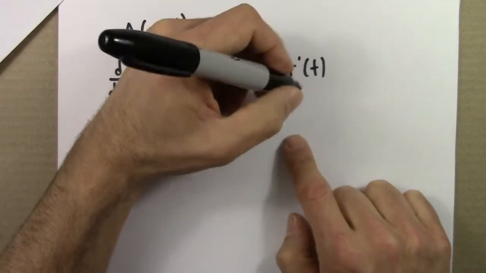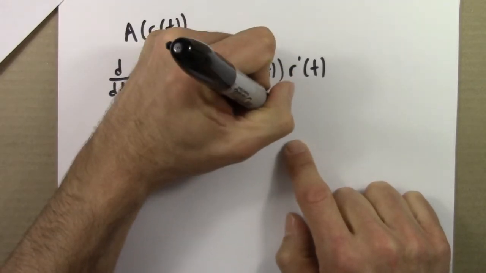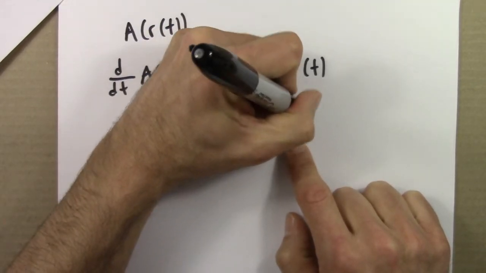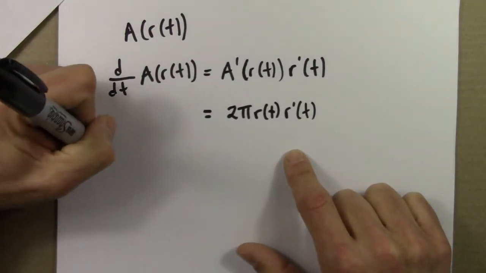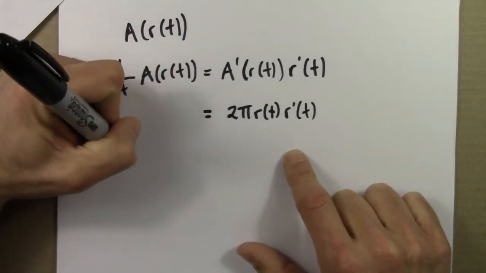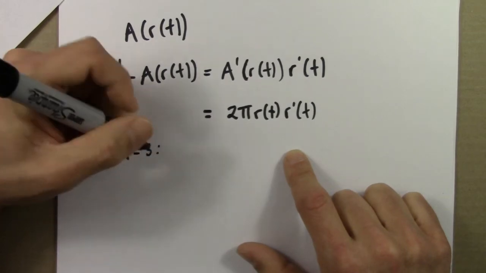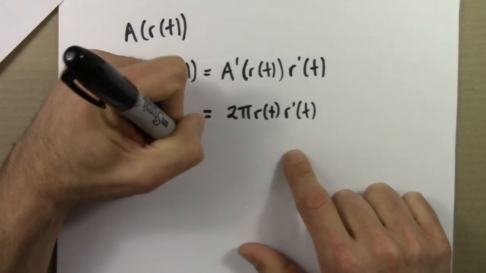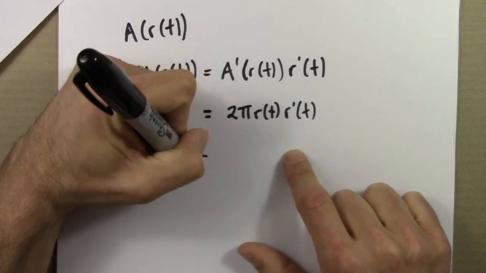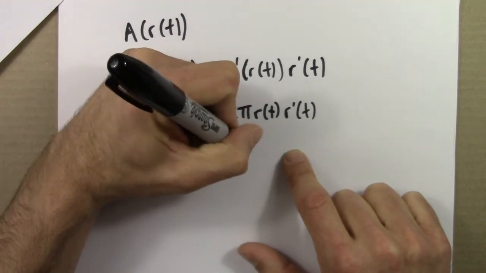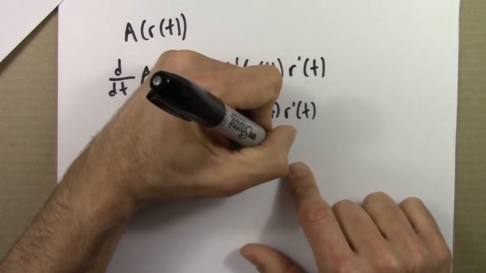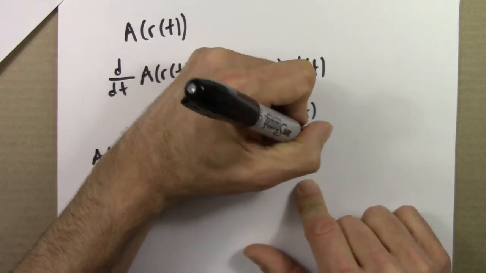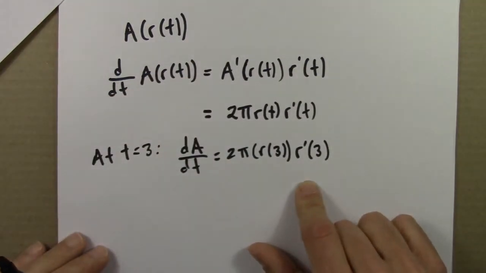And then I guess I'll write this r of t times r prime of t. So then we need to know what's going on at t equals 3. So then dA/dt is 2 pi times r of 3 times r prime at 3.